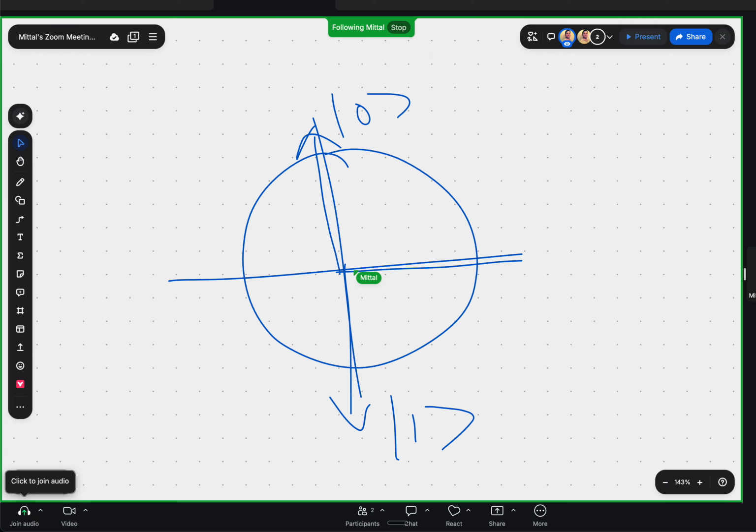So if my vector is sitting here on the y-axis, or if my vector is sitting along the x-axis, either way, why does it matter?